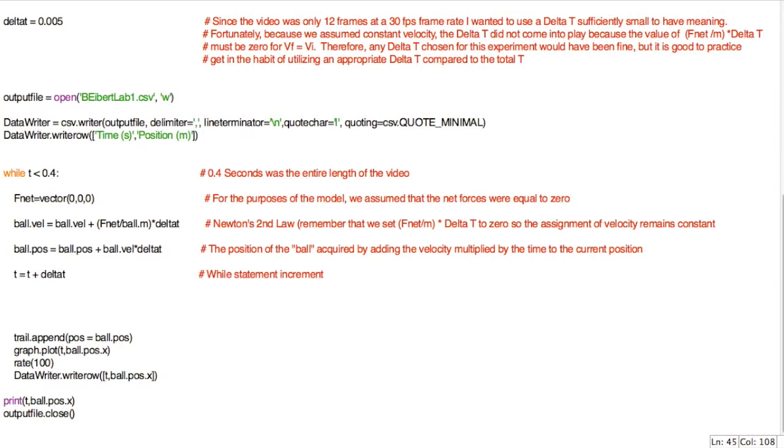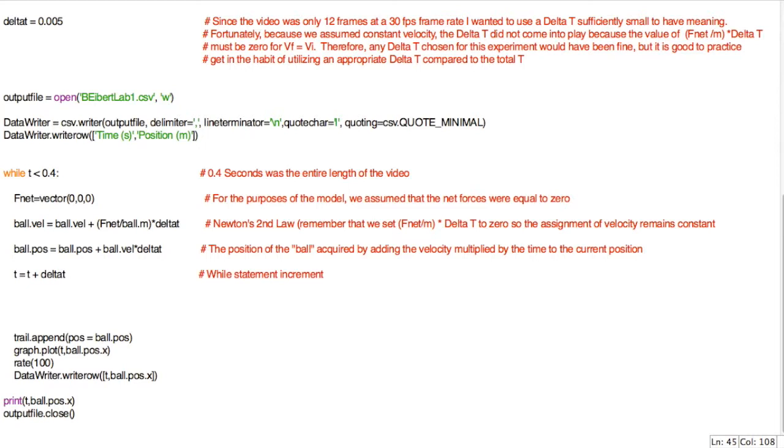Next, we're going to scroll down to the while statement showing the time overall at 0.4 seconds. Once again, we go to our net forces which are acting on this model. They're going to equal 0 in all axes, the x, y, and z. We also see Newton's second law written out in Python code. We remember that because we're having a constant velocity, the F net divided by m is going to equal 0.